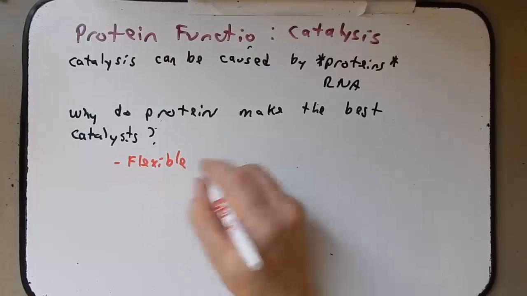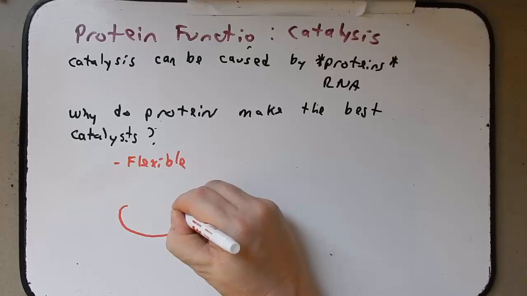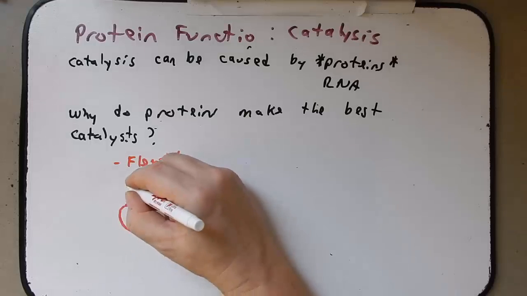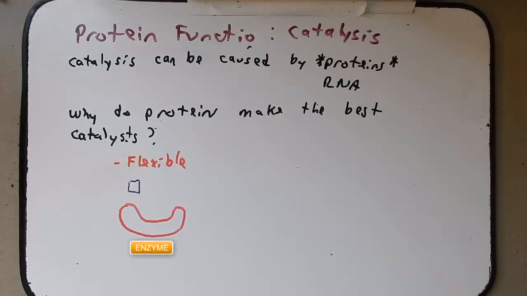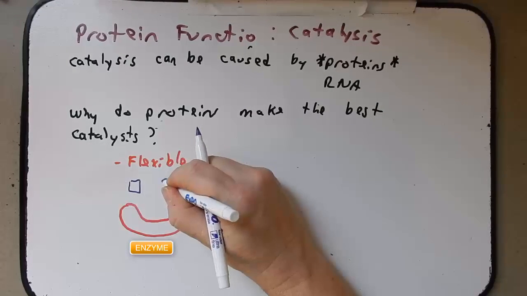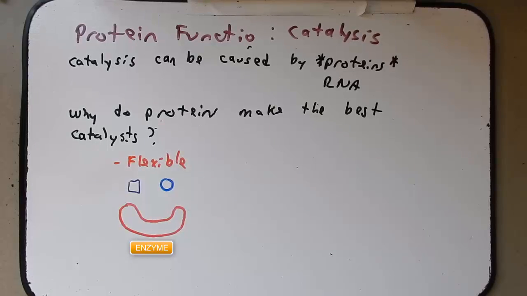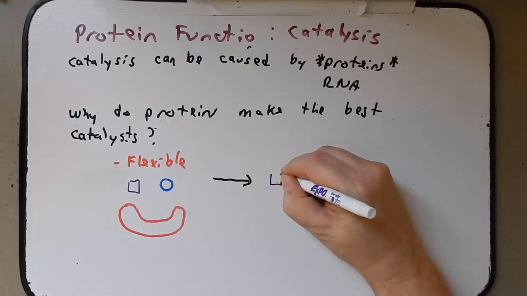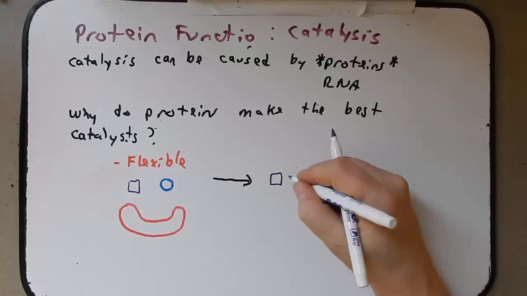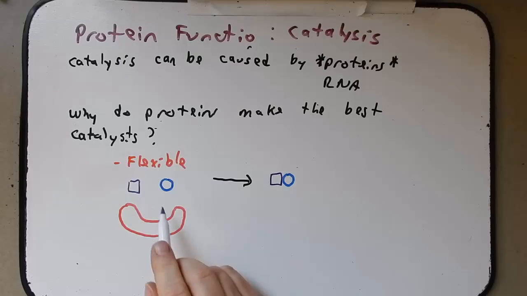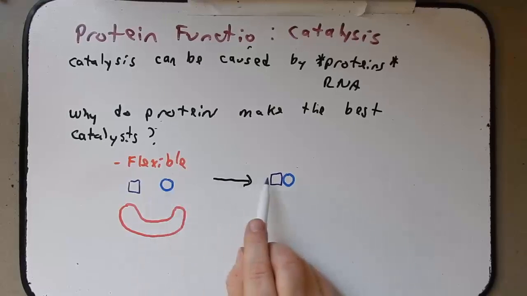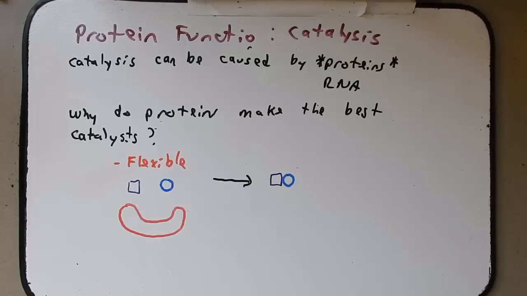An enzyme, a protein enzyme, maybe is responsible for binding two substrates. For simplicity, I'll just draw a square and a circle. And the job of this enzyme is to take those two substrates and make one product by linking them together. These two substrates are rarely going to just spontaneously do this without the help of an enzyme.